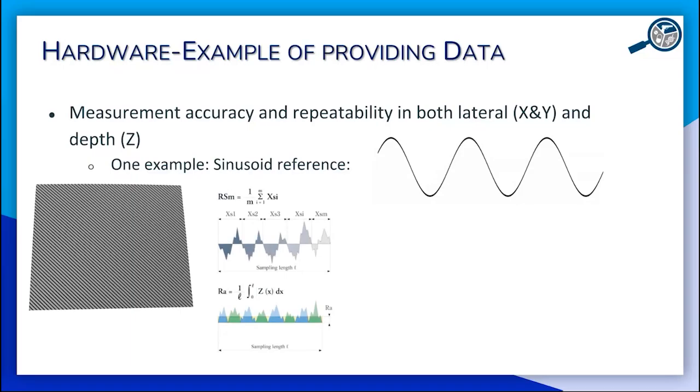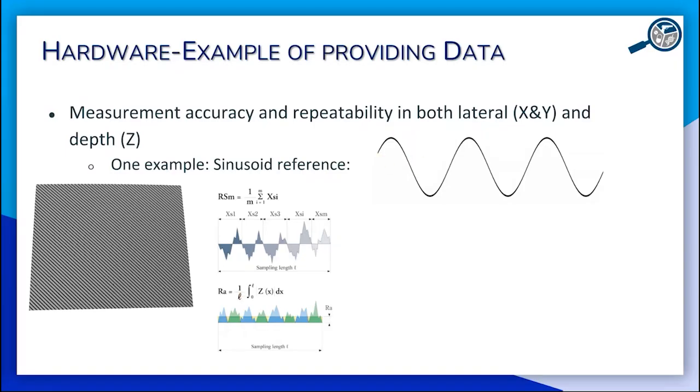Two measurements from the metrology world would be the RSm, or the mean width, and the Ra, which is the arithmetical mean height. Essentially this provides an average measurement of the profile length, as you measure across that, and the average height of the profile.